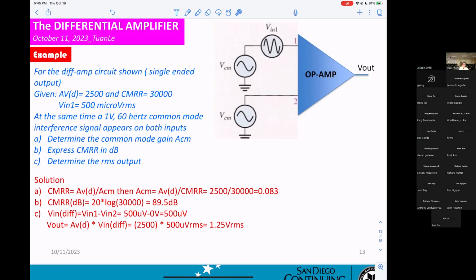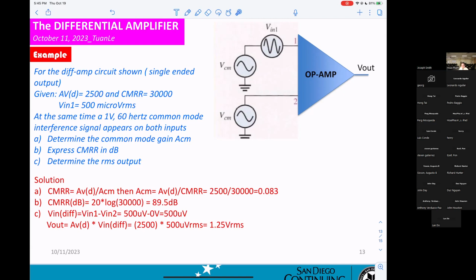Normally, you see they draw two outputs. However, in this case, they're using only one. That's what they call a single-ended output. You get two inputs, 1 and 2. However, only one output.